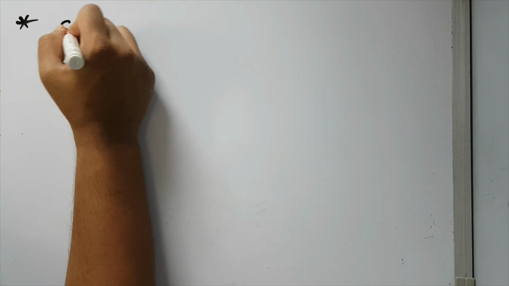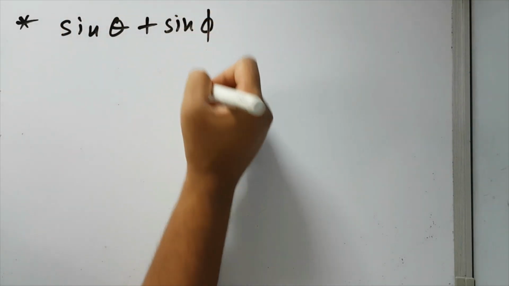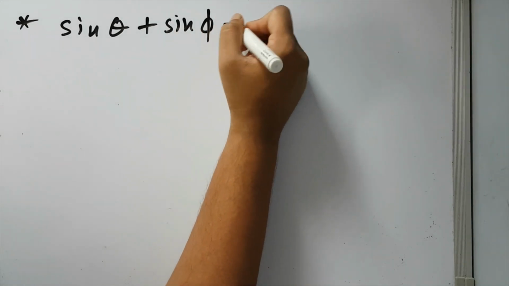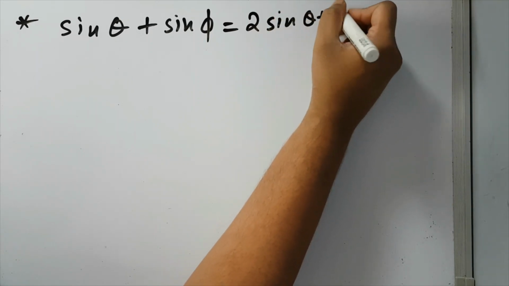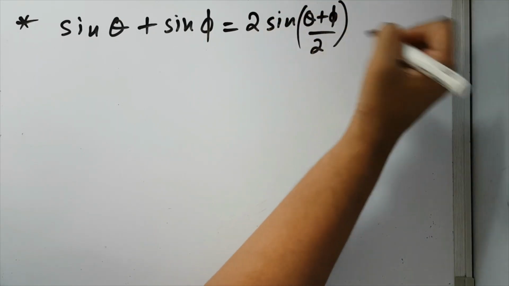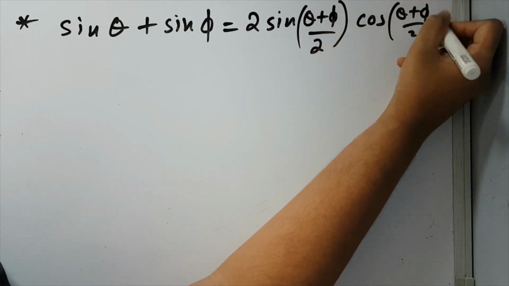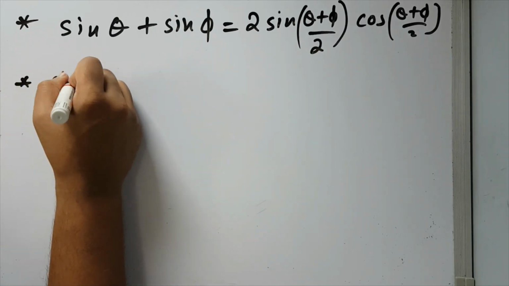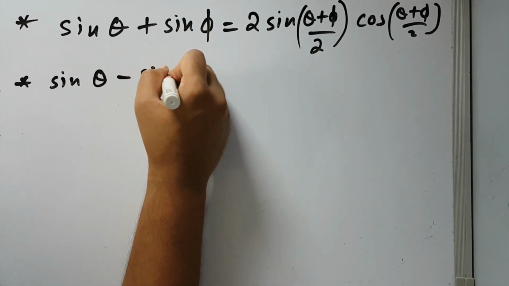This one is sine theta plus sine phi. Sine theta plus sine phi is simply 2 sine of (theta plus phi) over 2 into cos of (theta minus phi) over 2. Right, next is sine theta minus sine phi.